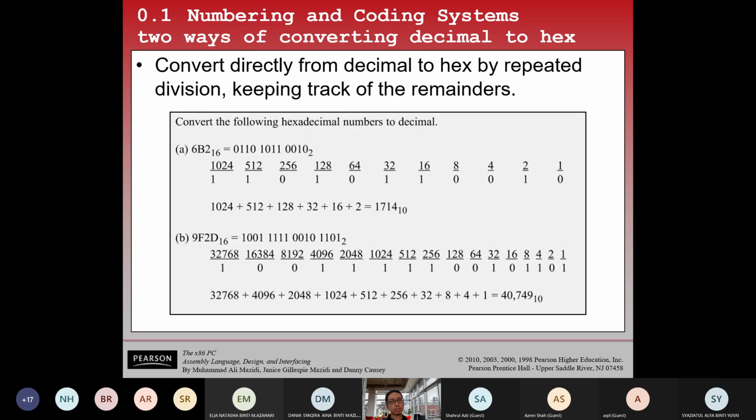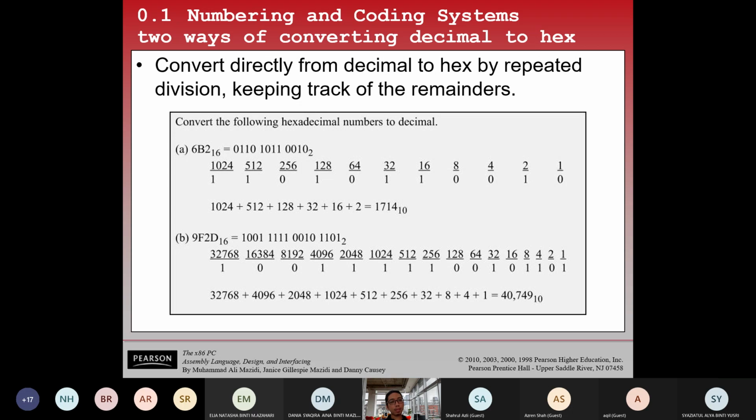So this is more exercise. You can do that. You have 6B2 base 16, and this is hex. So how do you get that? As you saw before, 2 is 0, 0, 1, 0. B is 1, 0, 1, 1. And 6 is 0, 1, 1, 0.